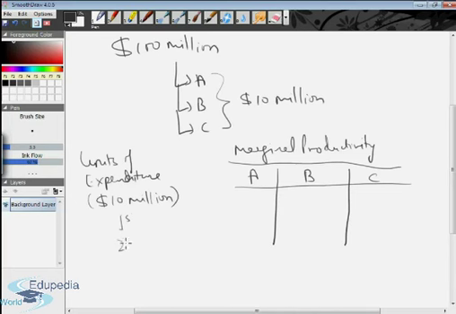Let's see how a profit maximizing manager will allocate his resources.